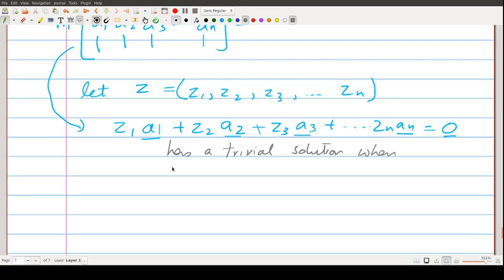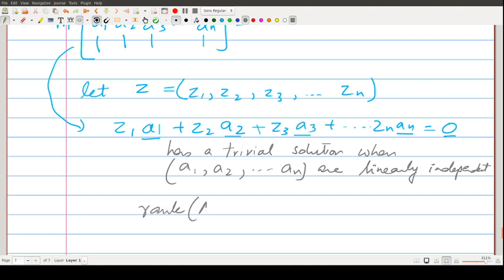when A1, A2, dot dot dot An are linearly independent. And when do we have linear independence? We have linear independence when the rank of A equals n, that is, it has n linearly independent columns.